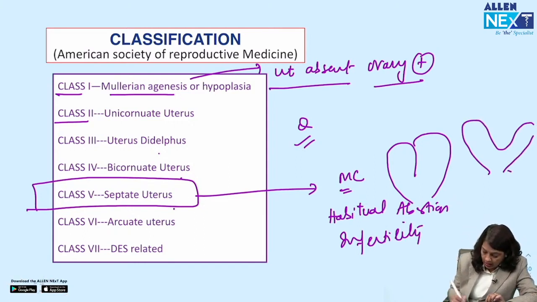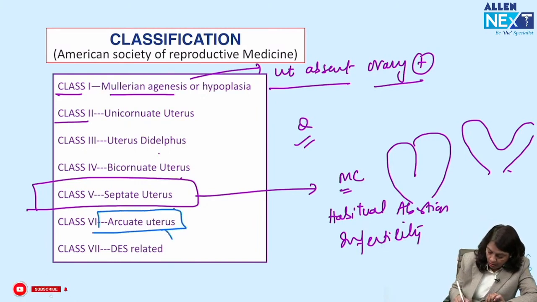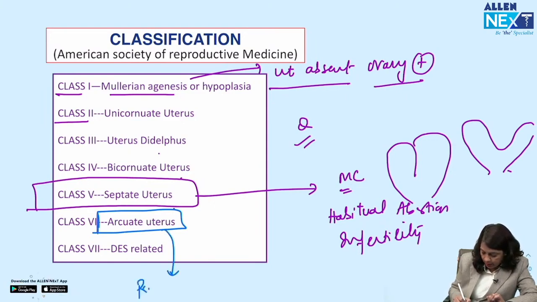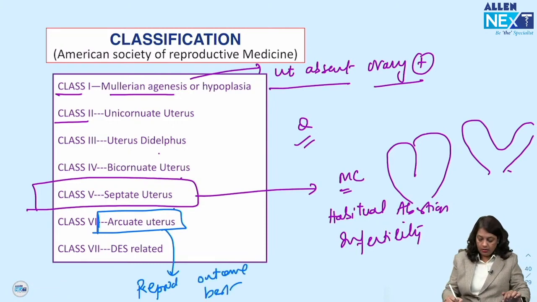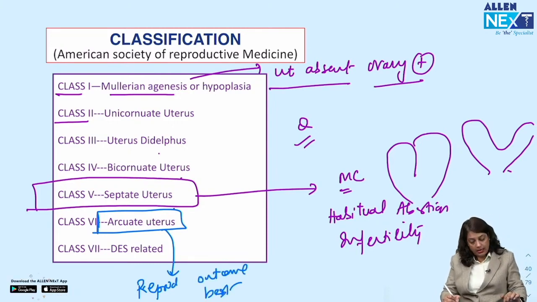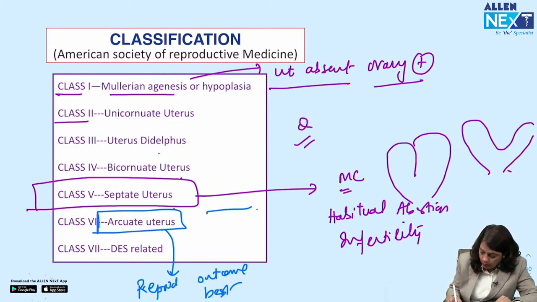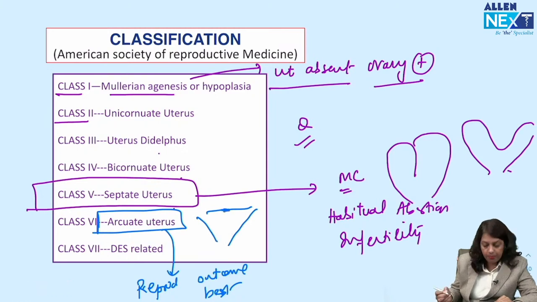Pregnancy goes uneventful in which type of the uterine anomaly? Arcuate uterus. So it is like pregnancy reproductive outcome is best. So pregnancy can easily occur in arcuate uterus because in arcuate uterus there is just a dome shaped depression.